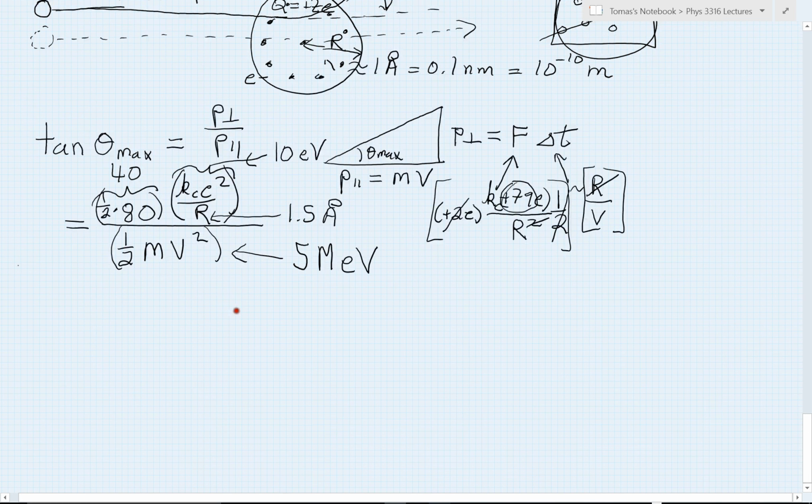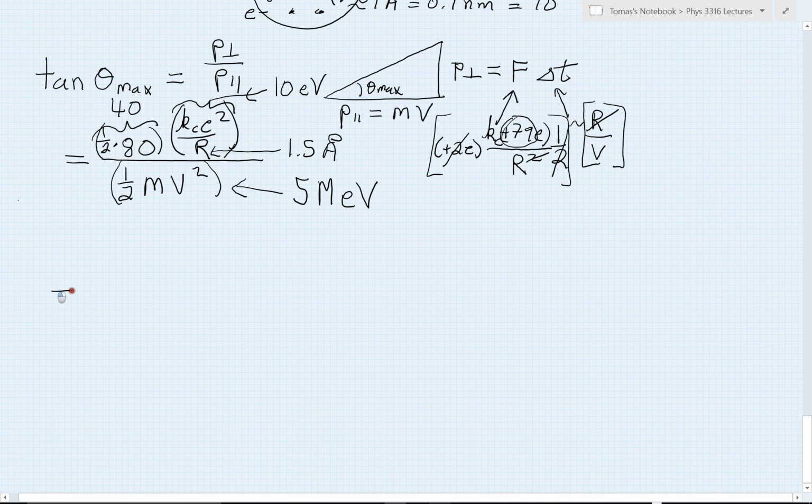So at the end of the day, now we have an interesting ratio. We have 400, right? 40 here times my 10. So I've got 400 electron volts on top, and I've got 5 million, so 5 times 10 to the 6th electron volts on the bottom. Oh, that's going to be pretty small, right?